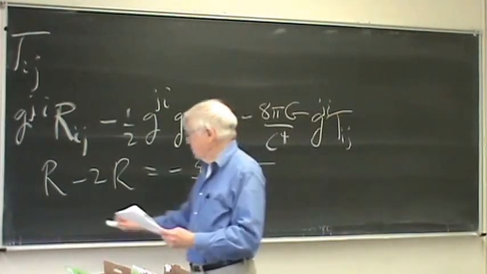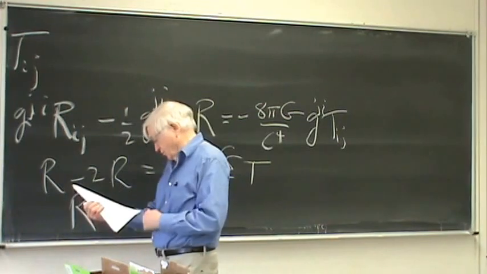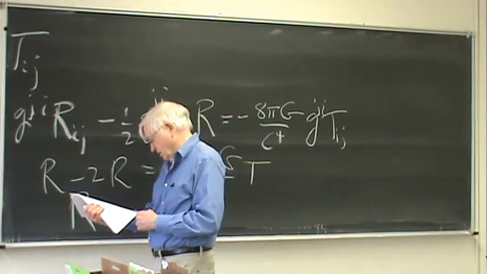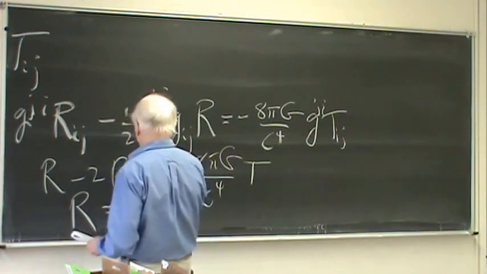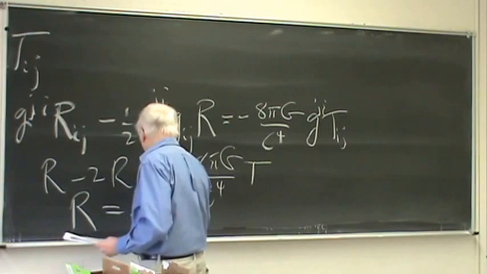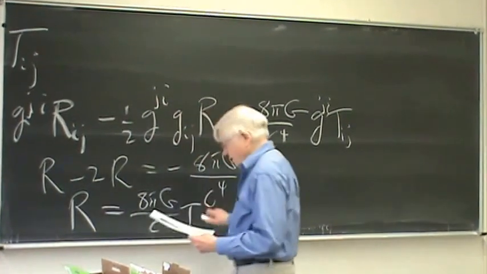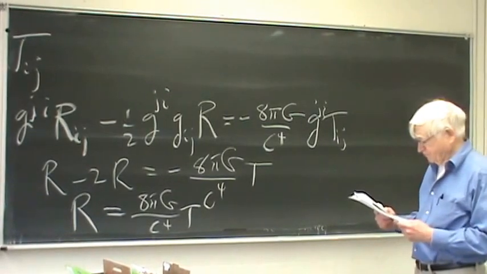And so this is the equation that the Ricci, I guess it's called the Ricci scalar. Anyway, the scalar curvature is then 8 pi big G over c to the 4th T, where T is the trace of the energy momentum tensor.